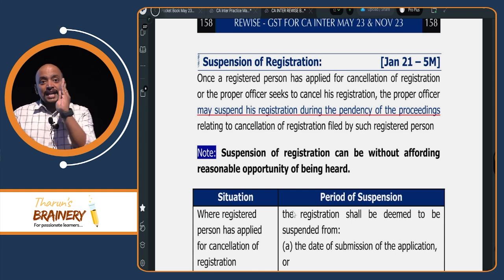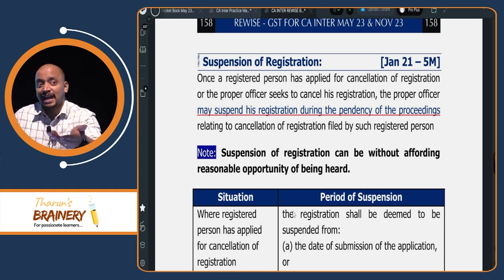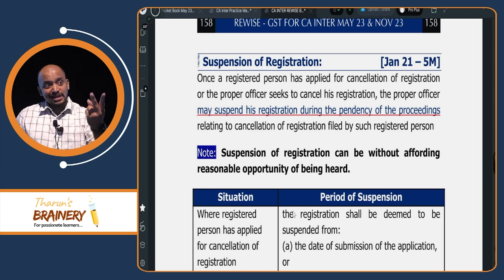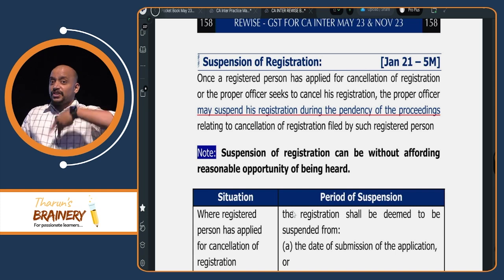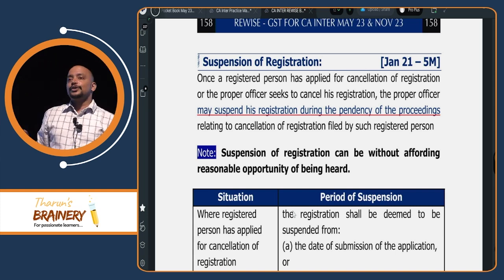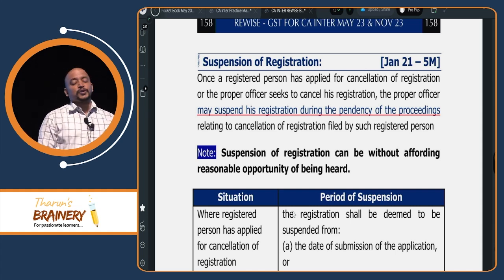Like that, whenever your registration is suspended, are you still a registered person? Yes. But you will behave like an unregistered person. The moment your registration is cancelled, you are officially called an unregistered person. Understood or not? So, is suspension of registration mandatory or optional?